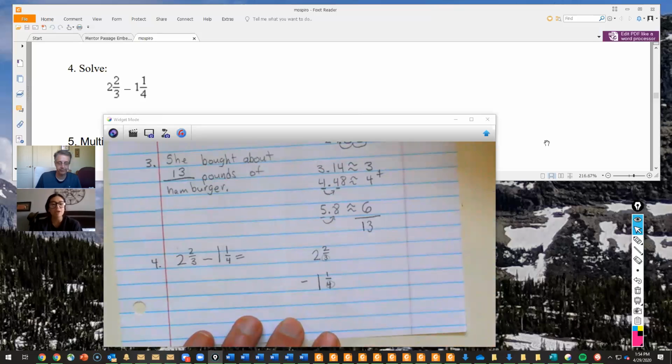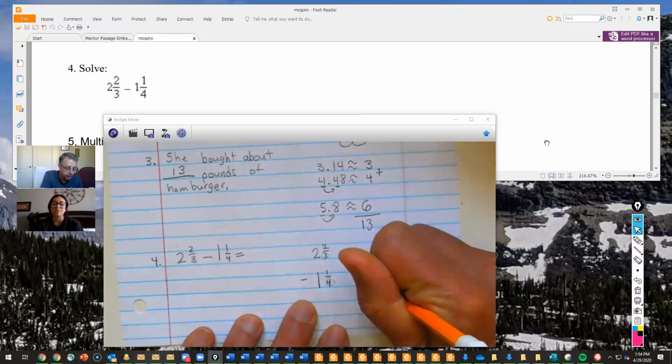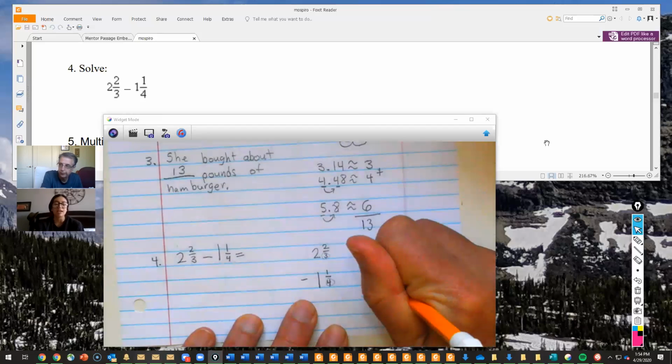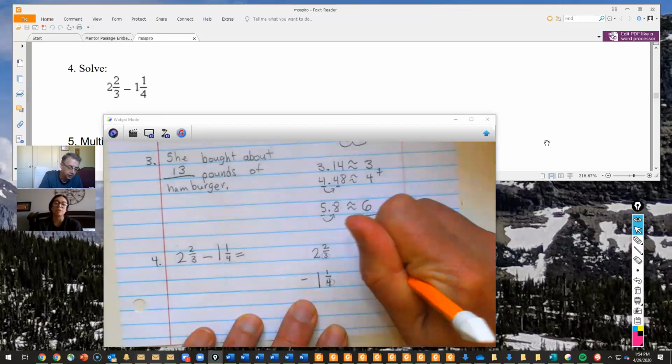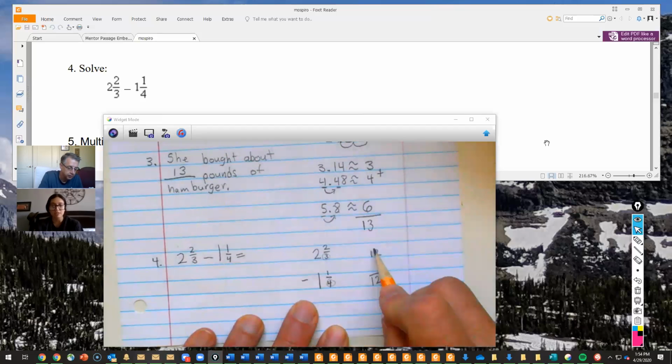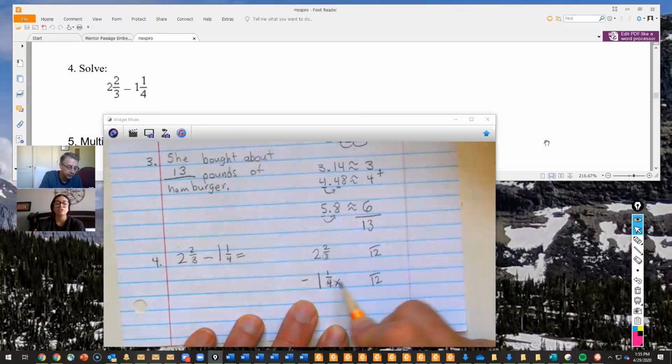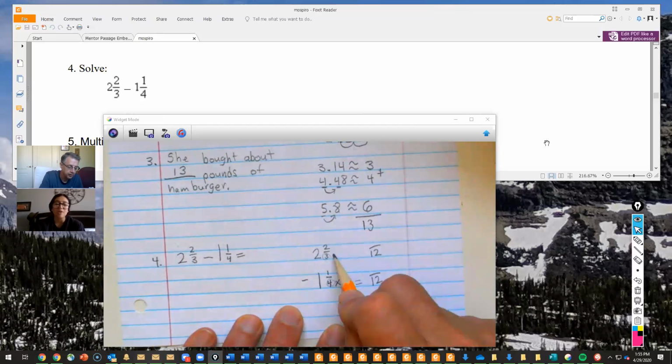So I'm going to use the number 12 because I multiplied 3 times 4 and it gives me 12. So I'm going to make the new denominator on each one that 12. And how we do that is we multiply both the numerator and the denominator on each fraction. So on the bottom fraction, we're going to multiply by 3. And on the top fraction, we're going to multiply by 4.